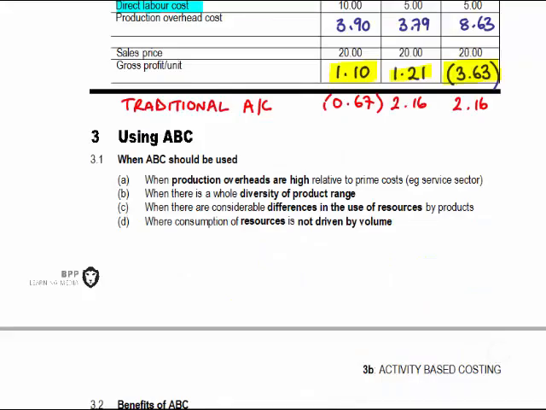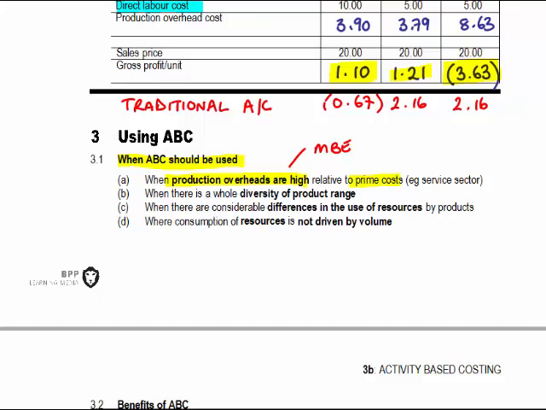In section 3.1, we can see when activity-based costing really should be used. The first point is that when production overheads are high relative to prime costs, so for example in the service sector, then activity-based costing is going to be much, much more useful. In the modern business environment, this tends to be the case because there's more technology and there's more mechanisation, so there's very many more production overheads than there ever used to be.